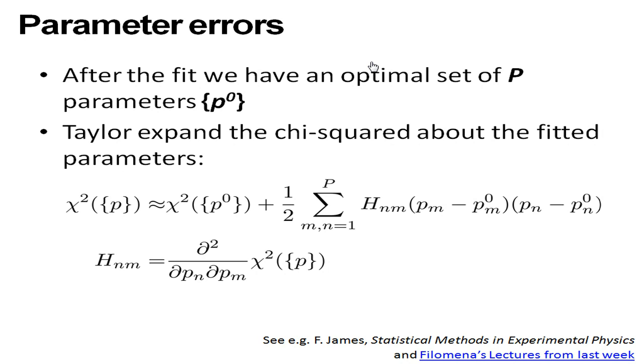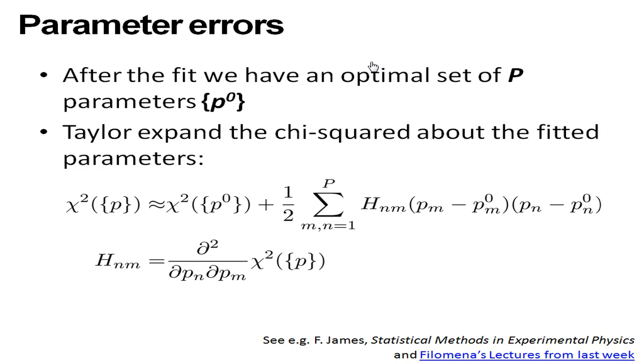For an arbitrary set of parameters near that minimum, you can expand it in terms of the chi-squared at the minimum and this second derivative matrix. So it's the derivatives of the chi-squared with respect to the parameters, and differences of the parameter values relative to the minimum.